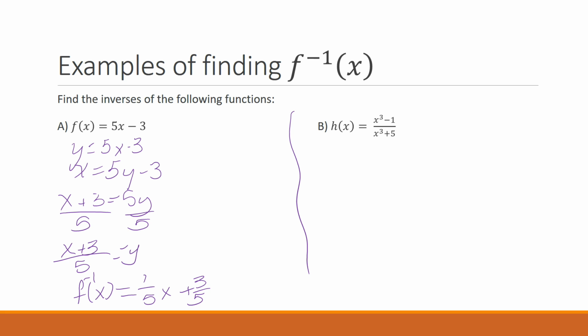This one's a little bit more complicated. We have some exponents and things here, so we're going to rewrite it into y equals, switch the x and y, and then go through a little bit of the work that it takes to get y by itself. I'm going to clear the denominator.